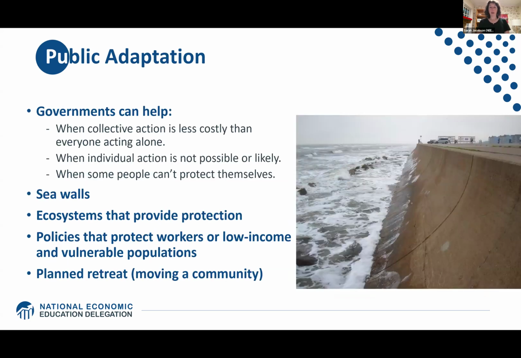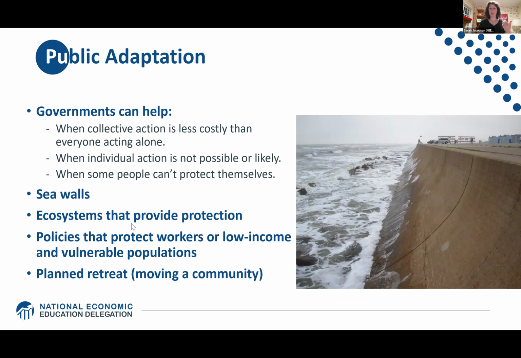So at the public level, sometimes adaptation is appropriate because individuals and households and firms can't necessarily take care of themselves, when collective action is going to be easier and less costly than people acting alone. And in certain other cases, individuals just can't do their own thing.